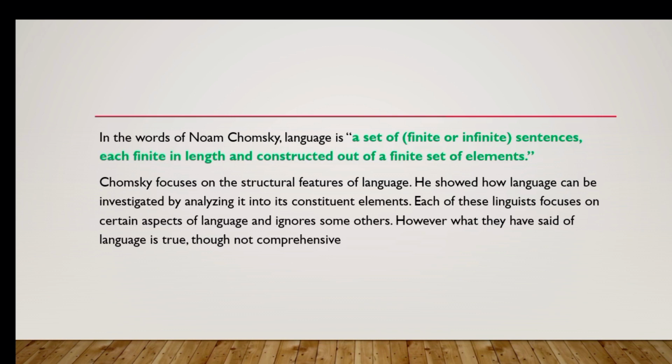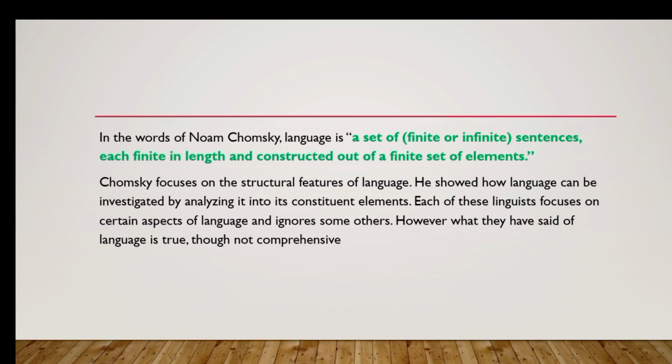He said that language can be investigated by analyzing it into its constituent forms. So these are the definitions given by famous linguists, but their definitions focus on a certain aspect of the language. Whatever they say is correct and true, but not very comprehensive.